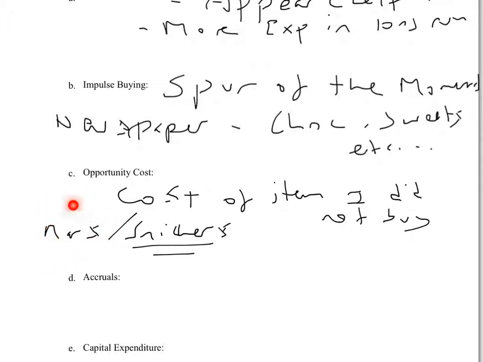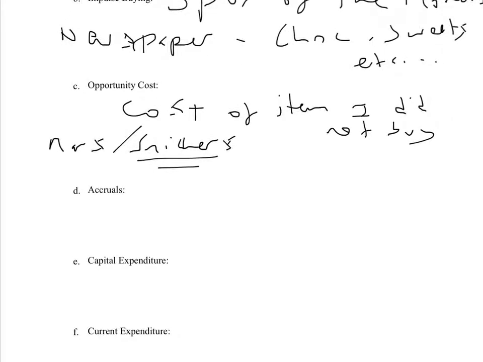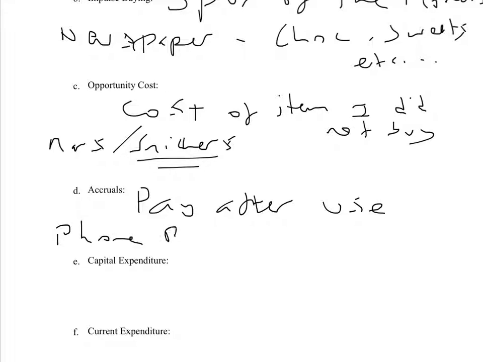The cost of the item you didn't buy. So if you choose the Snickers, the opportunity cost is the Mars. Accruals then, pay after you use it. That could be like a phone bill. So you can have a use of your phone bill now and then pay for it later.